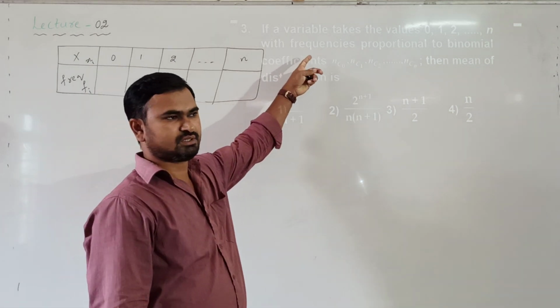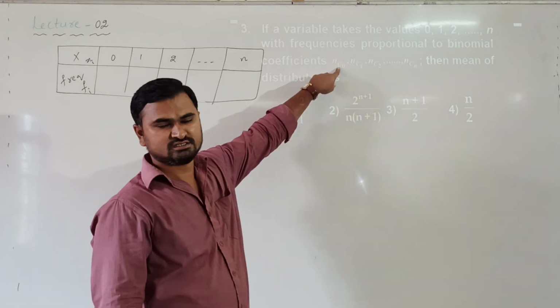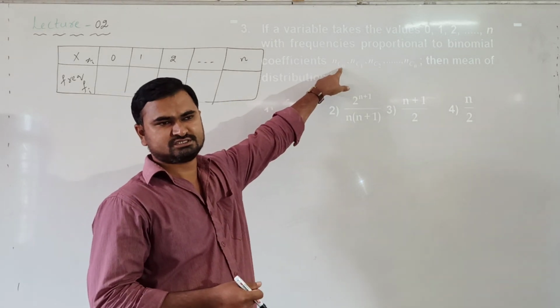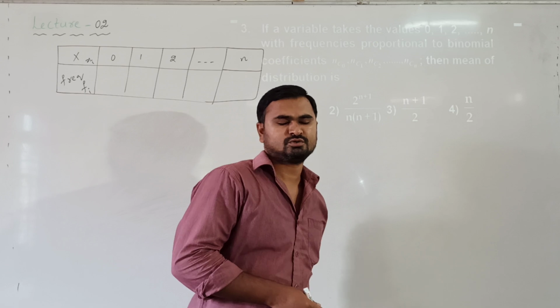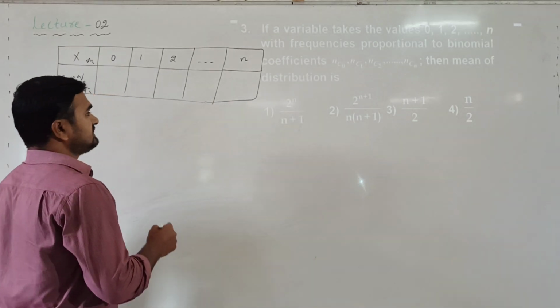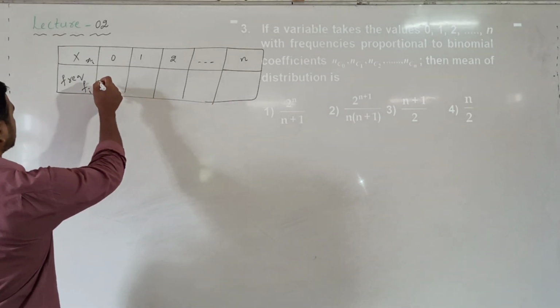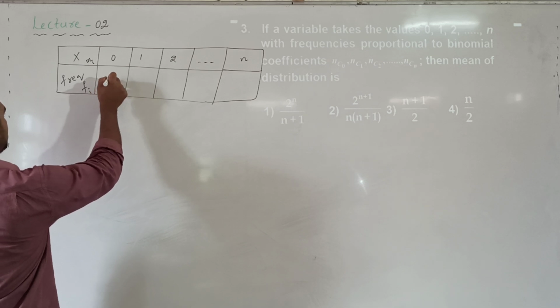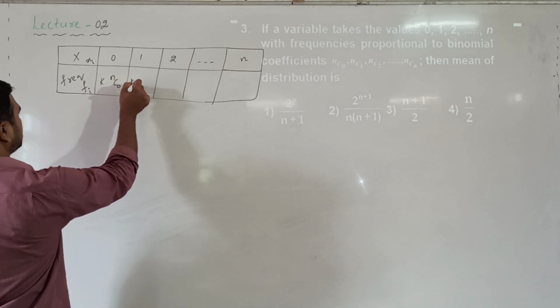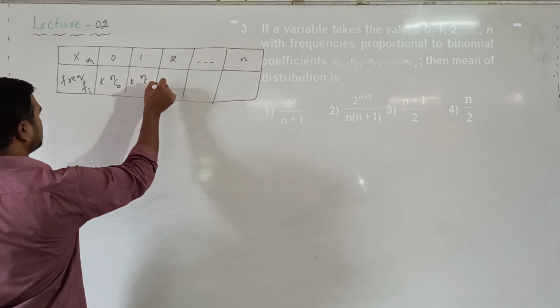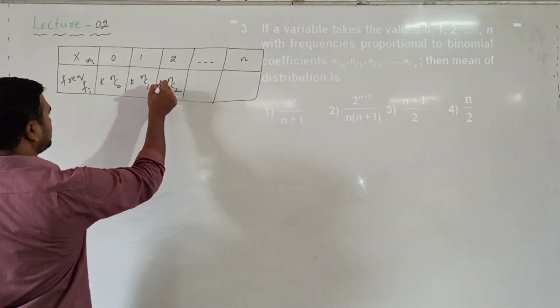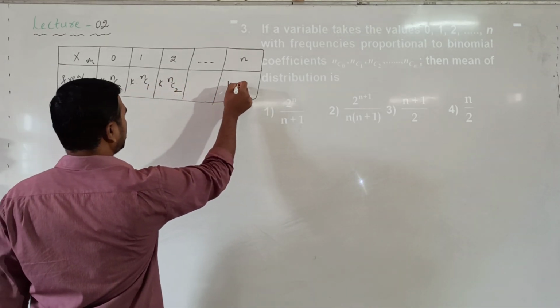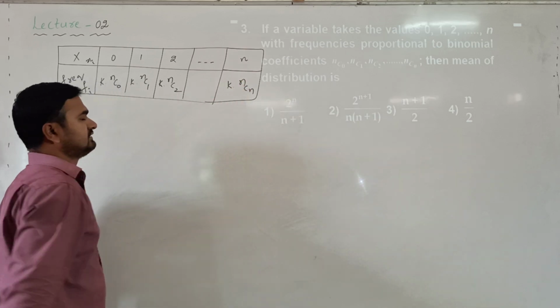Proportional means are they equal to binomial coefficients? No. Proportional means we take a proportionality constant. Suppose k is the proportionality constant. So the frequencies are k into nC0, k into nC1, k into nC2 and so on, k into nCn.